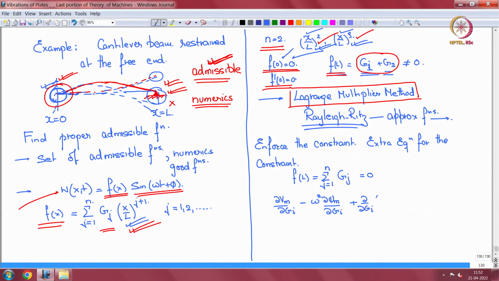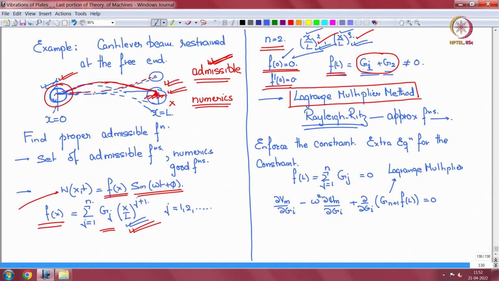Now here we bring in g(n+1), which is actually the Lagrange multiplier, into f of L, equal to 0. Bring it straight here.